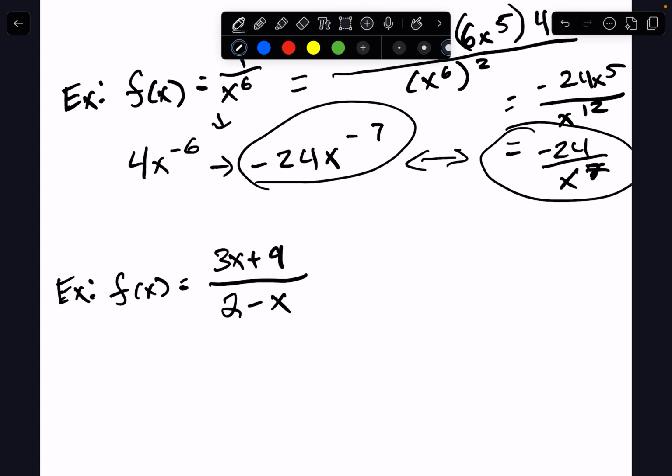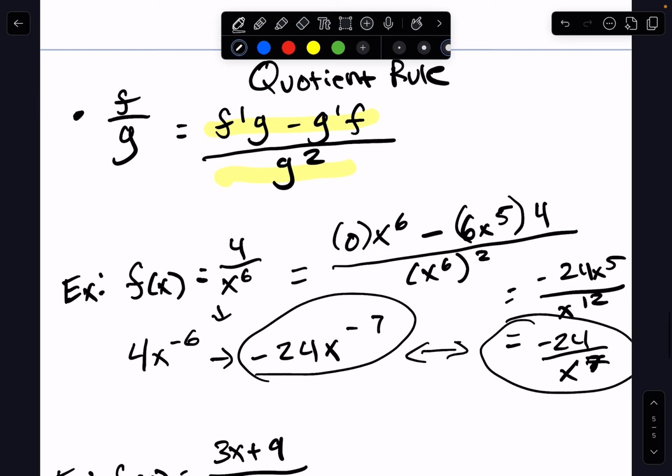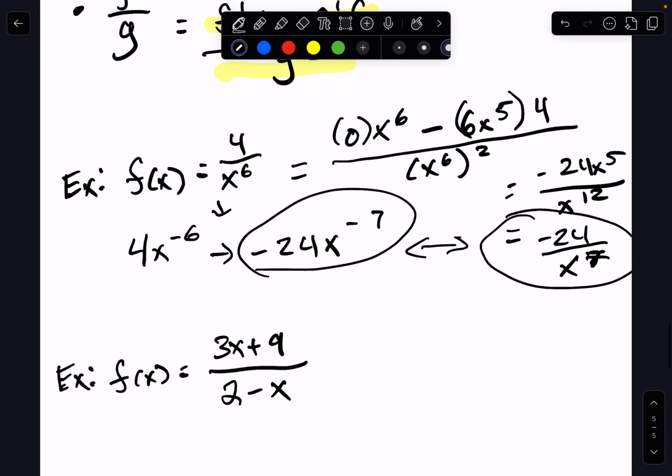So for this one, let's work through the full example. Like the quotient rule states, you take the derivative of the numerator first.